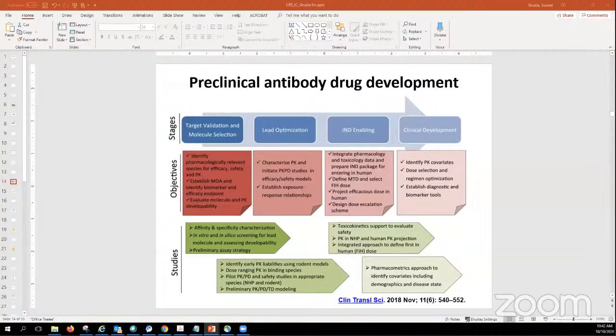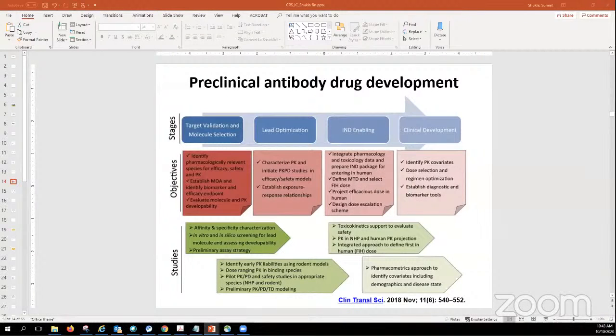Also, dose ranging studies are very important in the non-clinical species, and should be done in a species more closely related to the target present in the human population. This is followed by pilot PK/PD studies, safety studies, and preliminary modeling to come to a point where you have an idea about the dose which would be used for human.